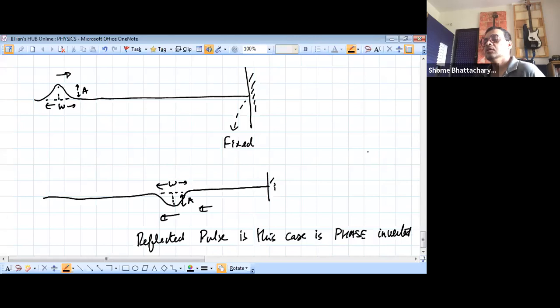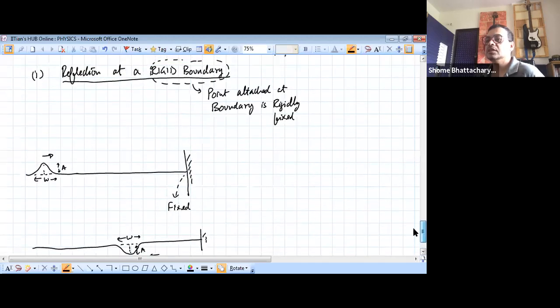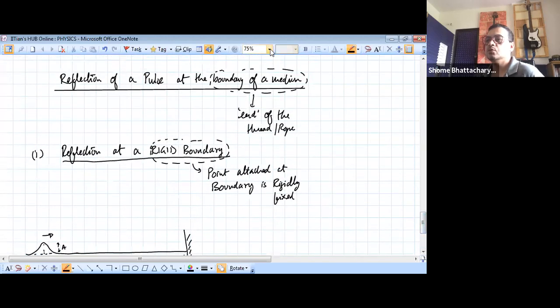Okay. So assuming zero dissipation of energy, this is what will happen. Okay, so the reflected pulse in this case is phase inverted, but it has the same but inverted geometry. So just make a note of this heading and this first case. Okay, then we'll discuss more about it.